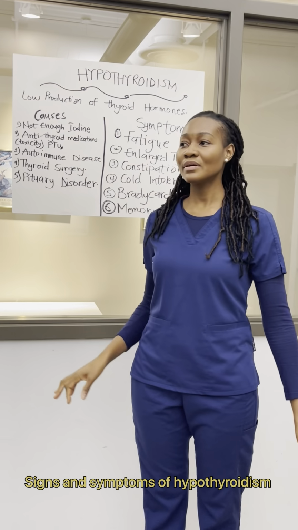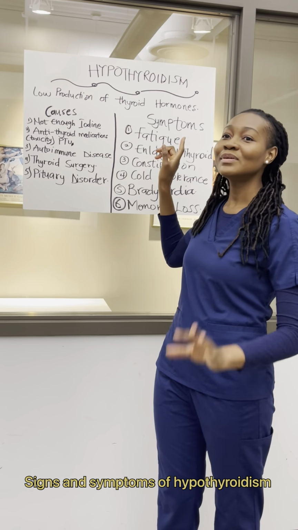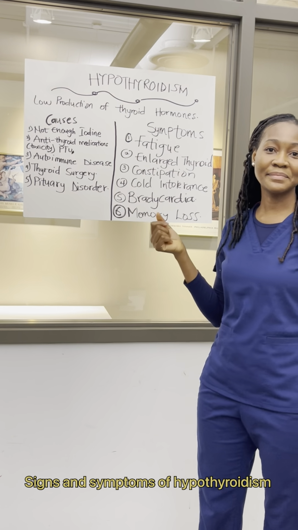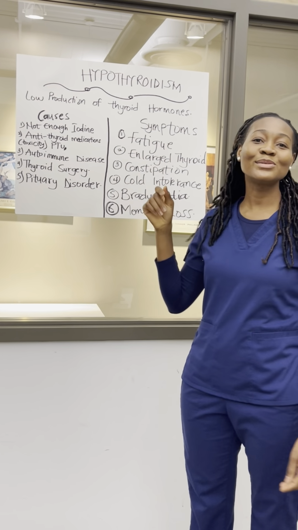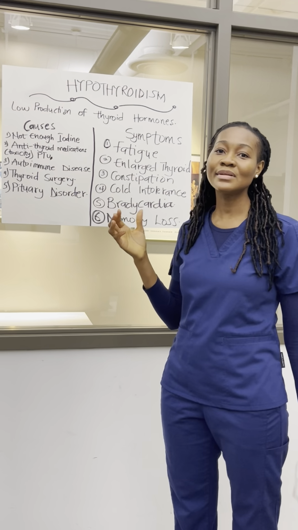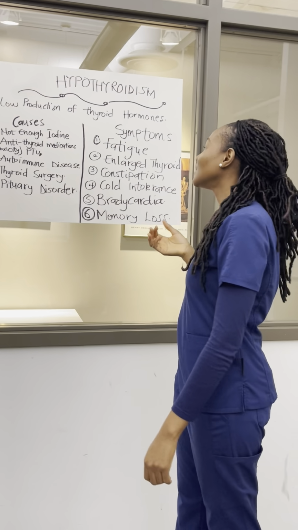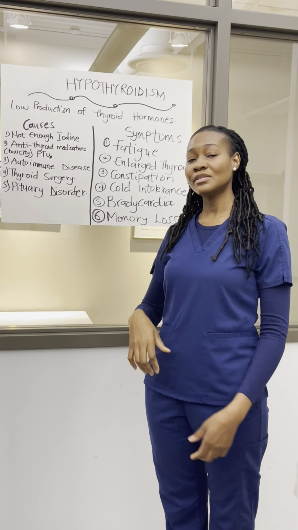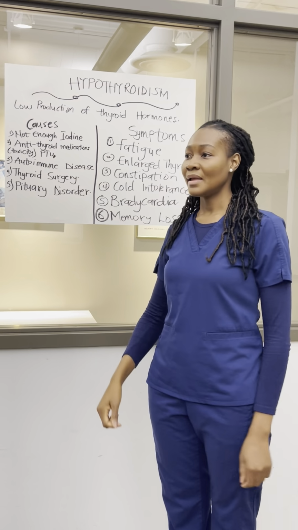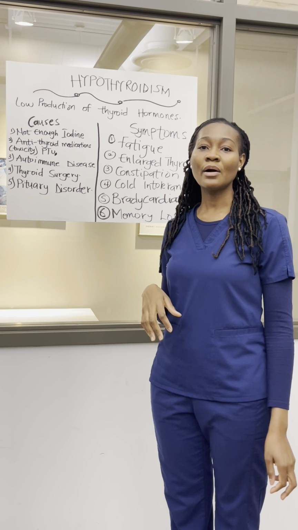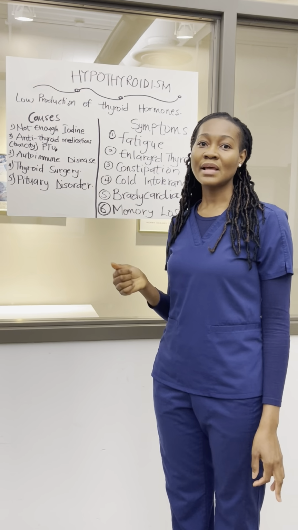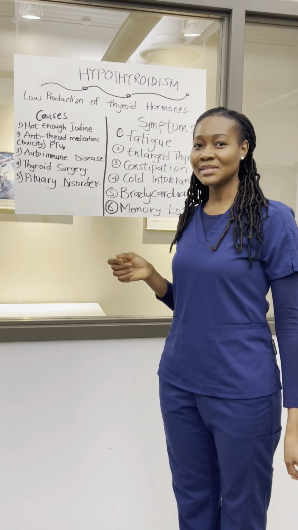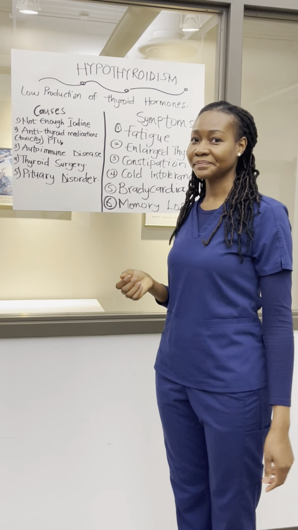Then our focus is going to be on hypothyroidism. So what is hypothyroidism? Hypothyroidism is low production of thyroid hormone. And the thyroid hormone has its roles and functions. Some of its roles are to help in metabolism, and it also helps in the regulation of our body temperature and digestion.